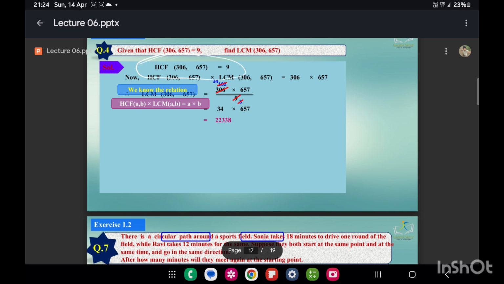The formula is that HCF of A, B into LCM of A, B equals A into B. So by this rule we can write HCF of 306 and 657 into LCM of 306 and 657 equals 306 into 657. Already we know the HCF is 9, and the LCM we don't know.